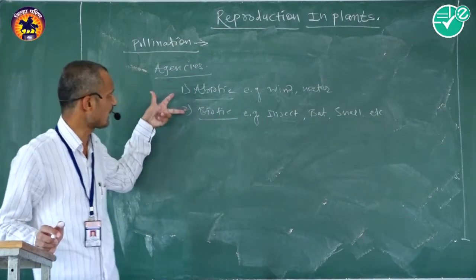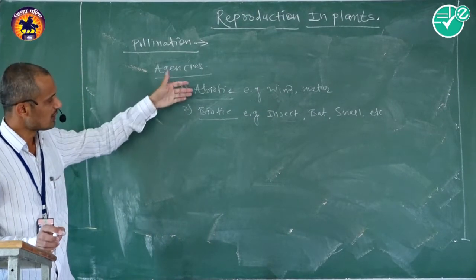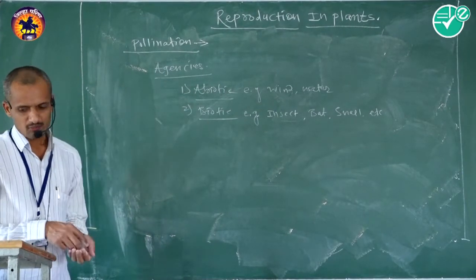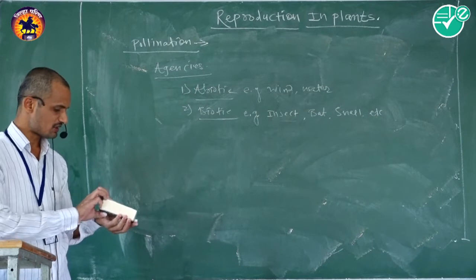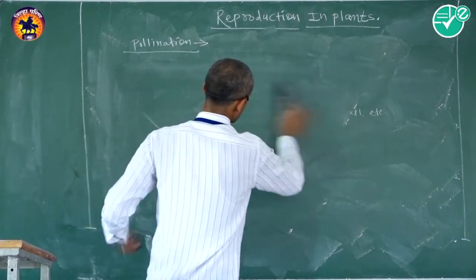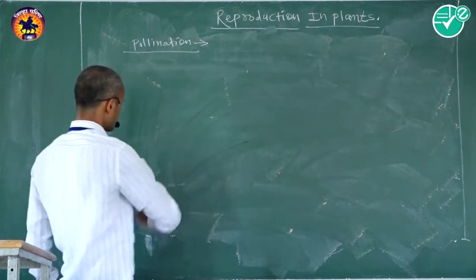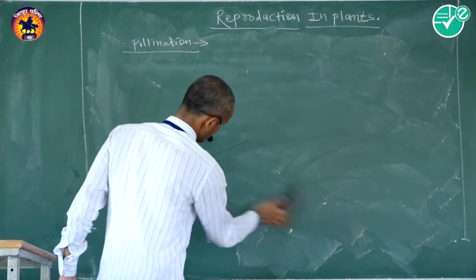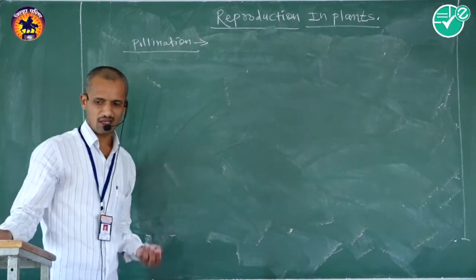There are two types of pollinating agencies, abiotic as well as biotic. On the basis of these pollinating agencies, the pollination is of few types.